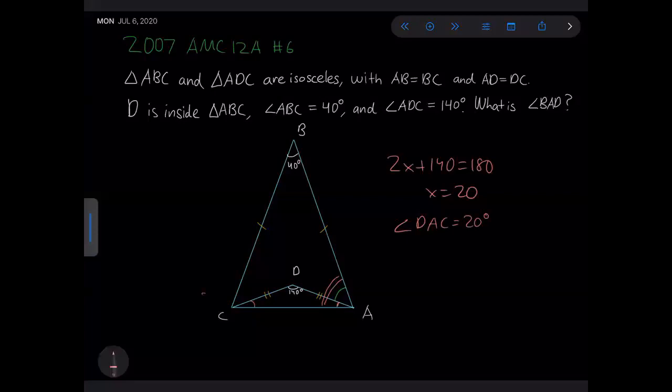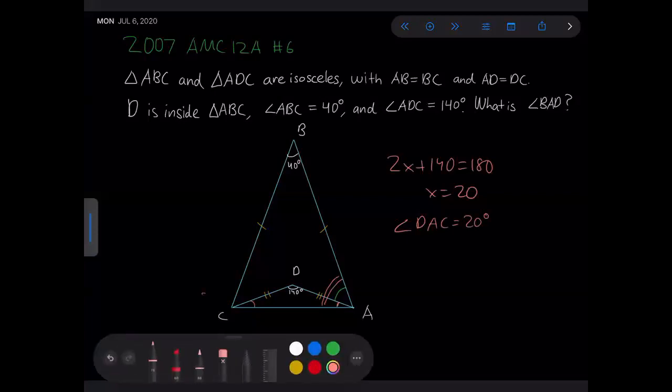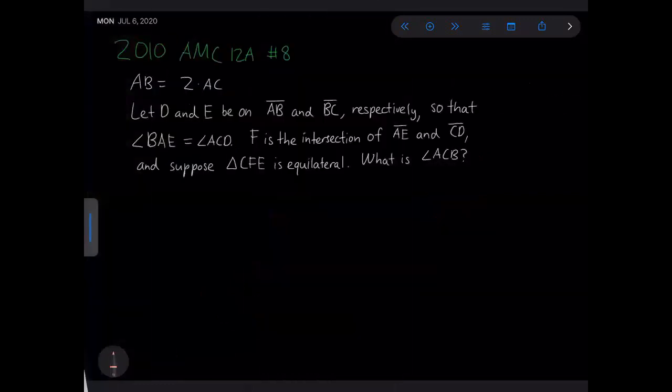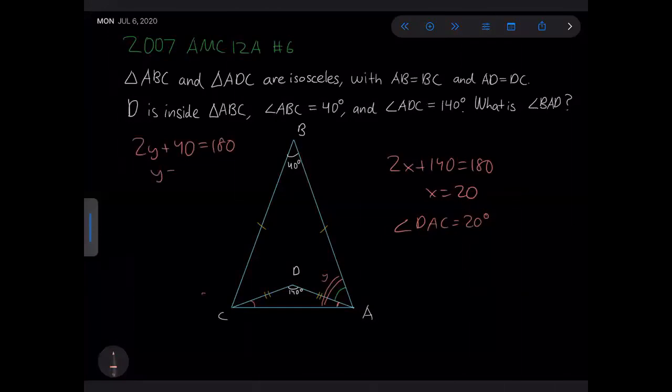On the other side, we have angle BAC, this big angle. And we can do the same thing here. Let's call it y. So 2y plus 40 is equal to 180 because of the big triangle BAC. So y is equal to 70 degrees.